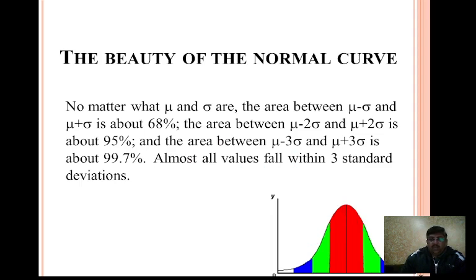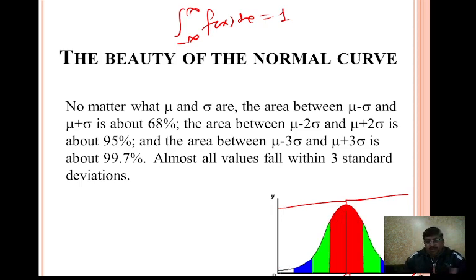If you say that this is the x-axis and this is the y-axis, so in the x-axis you can see that if you put 0 somewhere in between, the same kind of feature is available on this side and the same kind of feature is available on this side. And we have already agreed on one point, that the integral from minus infinity to plus infinity of f of x dx equals 1. We have also agreed on this thing, that the normal distribution curve, when you stretch it, will have two tails, a left tail and a right tail.